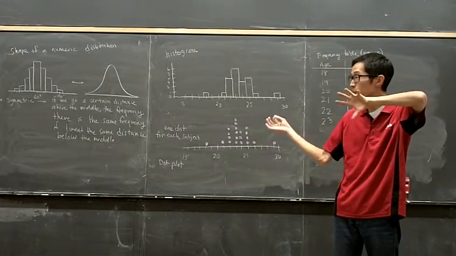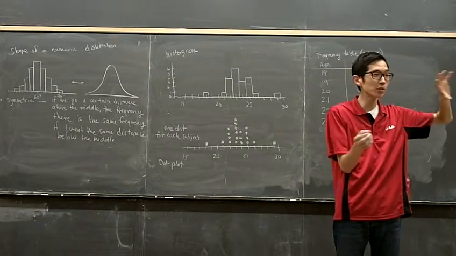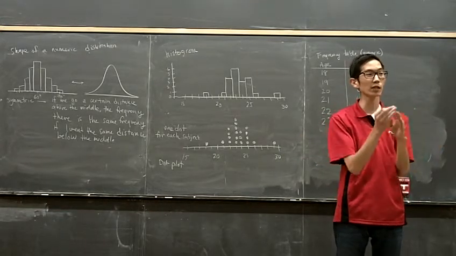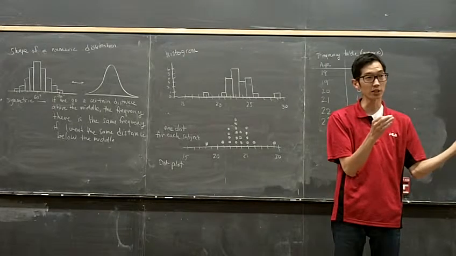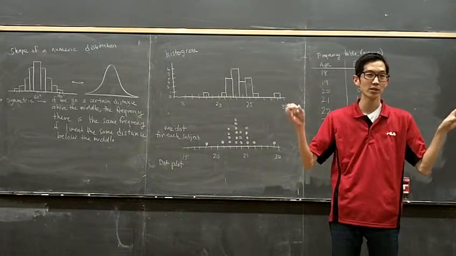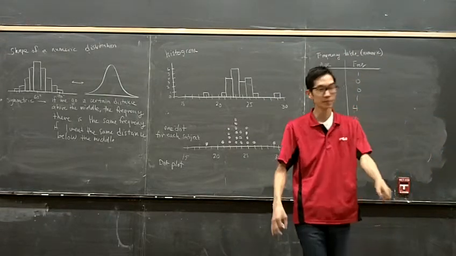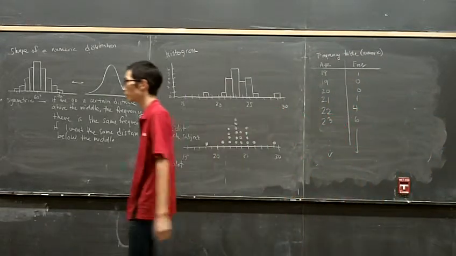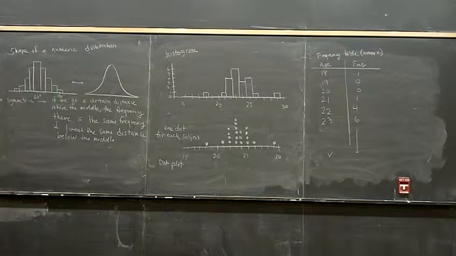What symmetric says is that if I went 5 inches below the middle down to 60 inches, I would have about the same number there as I do up here. That's what we have for symmetry.